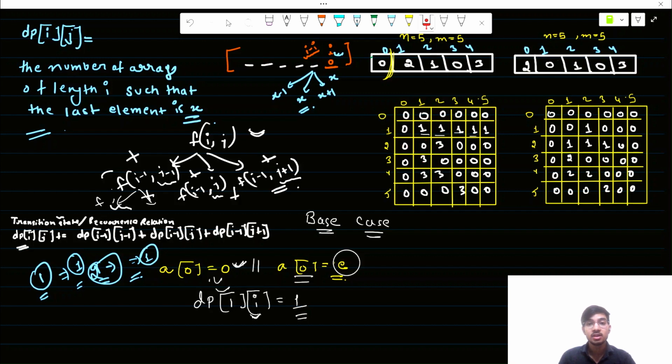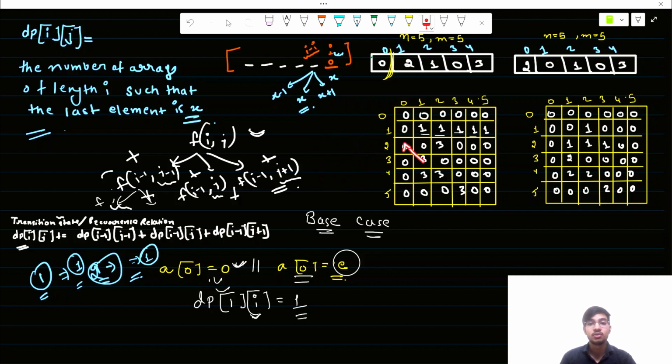One thing you have to note is that j minus 1 should be in bound. So j minus 1 should be greater than or equal to 1, and j plus 1 should be less than or equal to m, since the description says the element can be from 1 to m. So you have to make the condition that it is not out of bound.